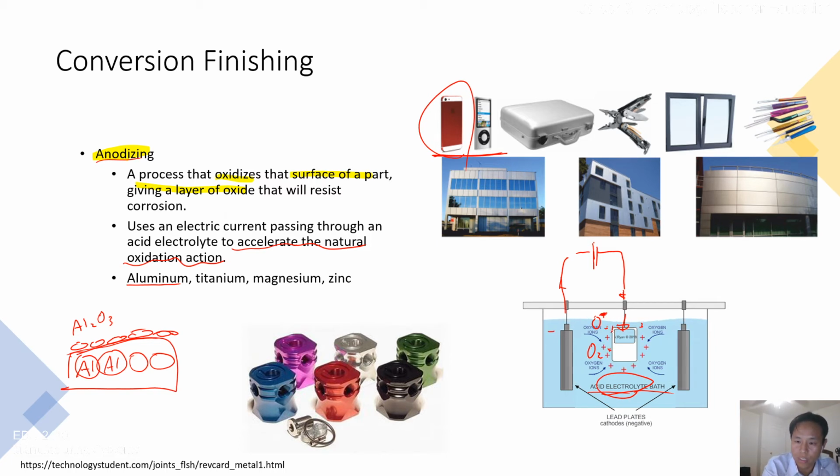That creates an oxygen layer surrounding this material, another oxide layer, which is called oxidation. So this is anodizing. Most aluminum or titanium products are processed with this anodizing.